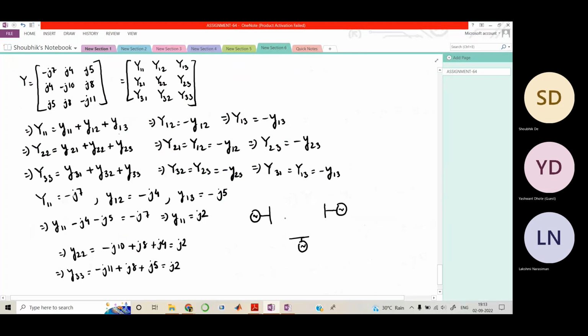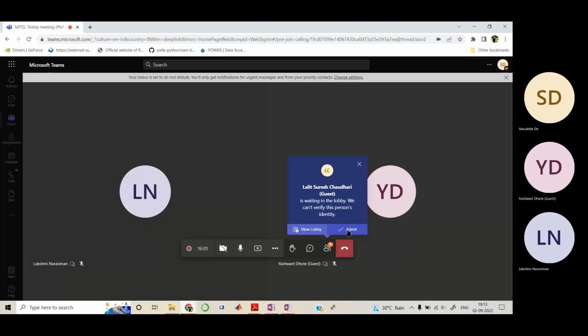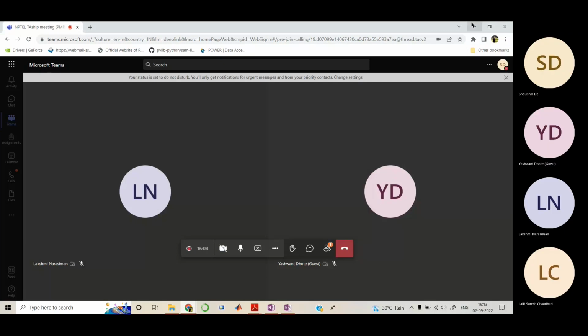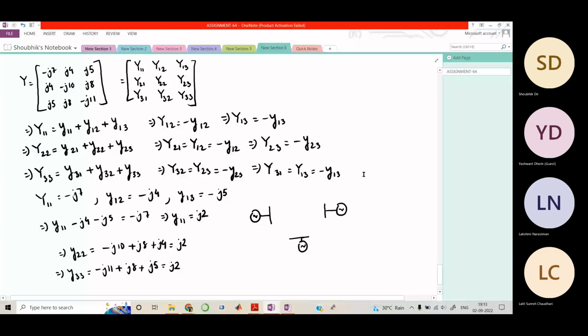So we have the value of y11, y22, and y33. Now this represents the shunt elements. From the value you can see, y11 is j2, so z11 would be minus j 0.5, and any impedance with a negative sign represents capacitance, as we know.